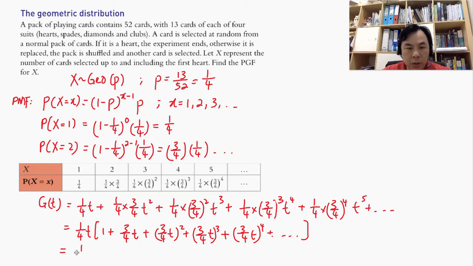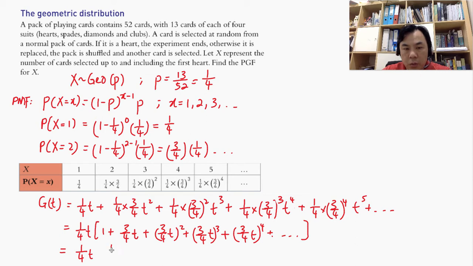That could be 1/4 t here, and then it has a common factor of 3 over 4 here, and then that would be 1 minus, okay, I forgot that. Right, now even though this is a summation series, it is an infinite geometric series, so we're going to use the infinite geometric series sum that will give us a divided by 1 minus r.